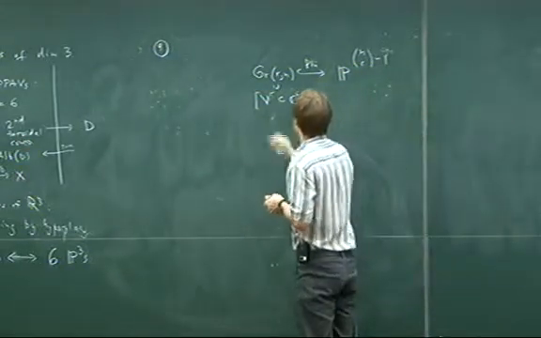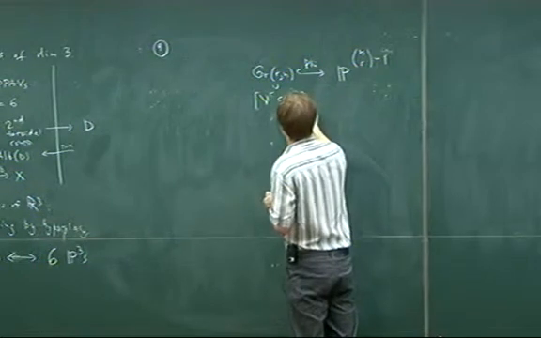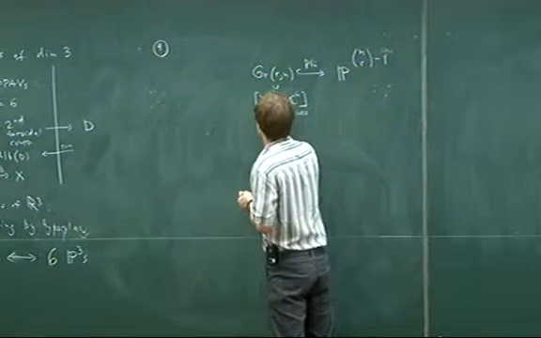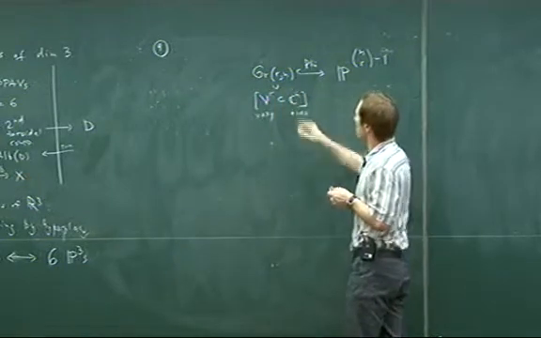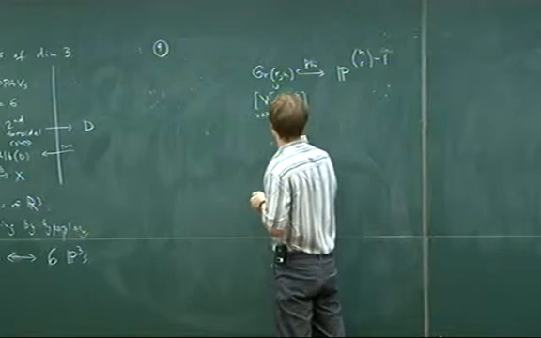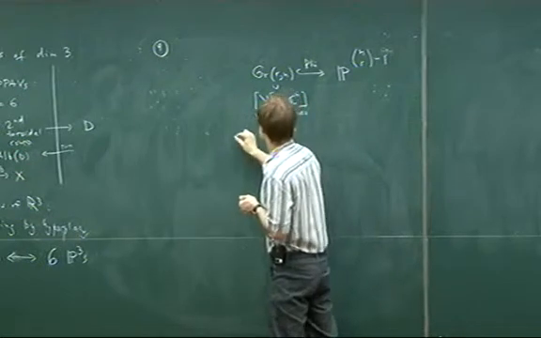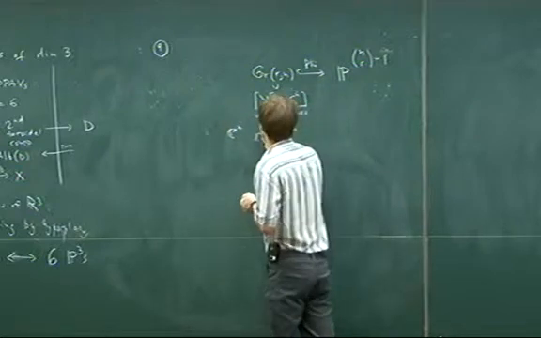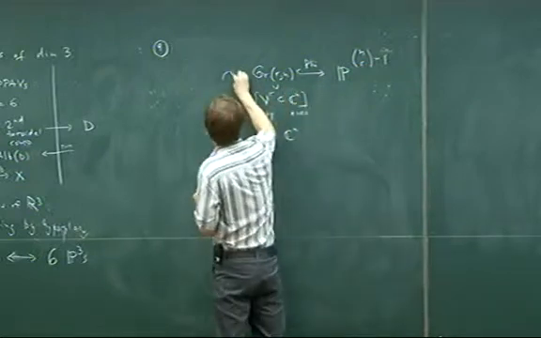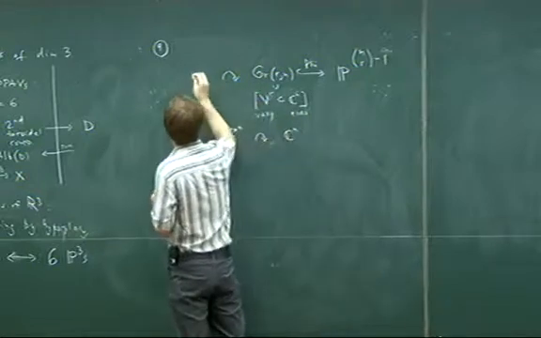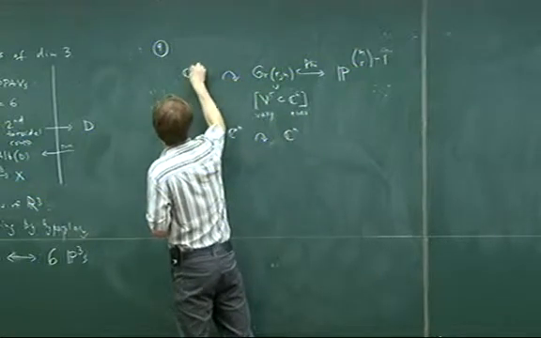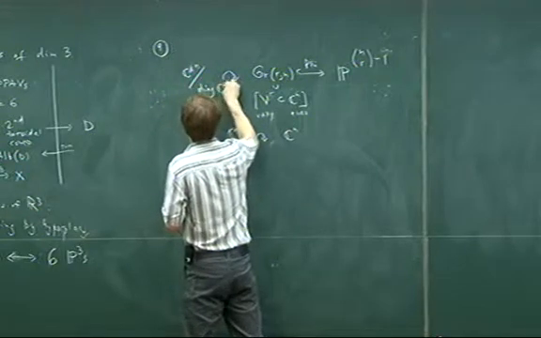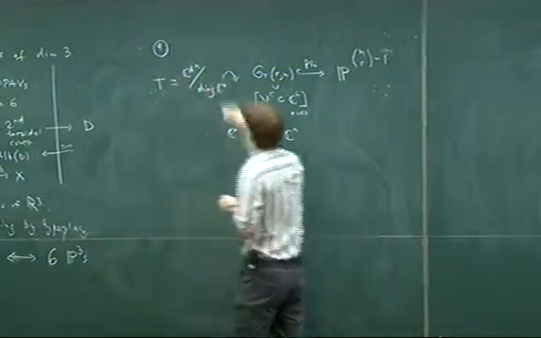And if we fix this ambient space V, then on C^n you have an action of the torus (C^*)^n, which implies that on this Grassmannian you have an action of a torus of one lower dimension.